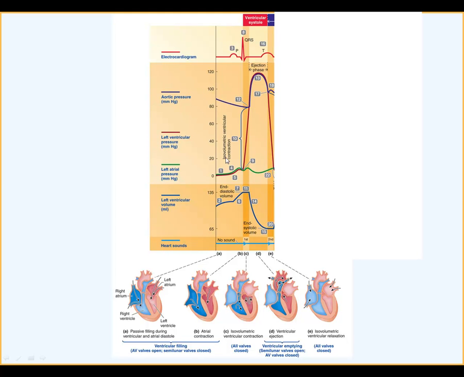Okay? So let's see again these events that took place here. The repolarization of the ventricular muscle will indicate that the ventricular systole is ending, no more contraction of the ventricles. Then the ventricles will relax, and the relaxation will cause the pressure inside the aorta on the left to exceed that of the left ventricle, and the blood will try to flow back.